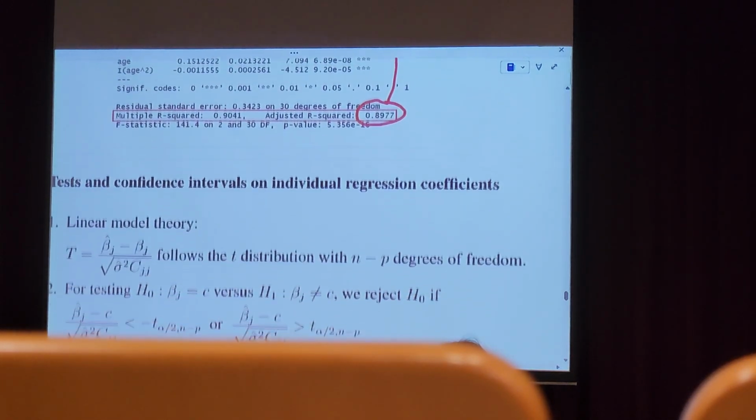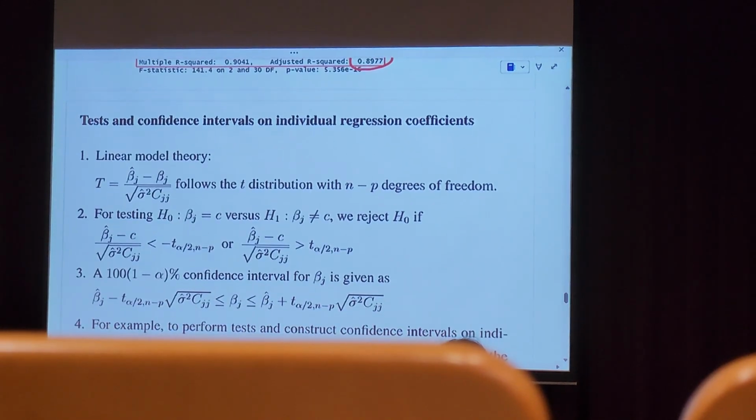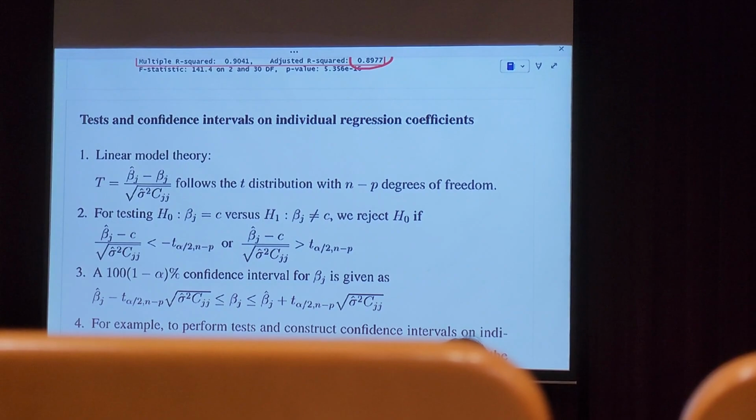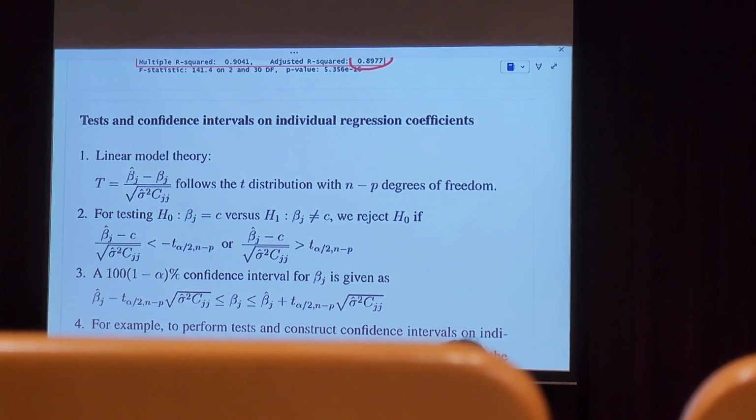So finally, for this section, we want to see how we can test individual regression coefficients. Once you have rejected the null hypothesis when you test the overall model, then the alternative hypothesis tells us that at least one of these betas is different from 0.